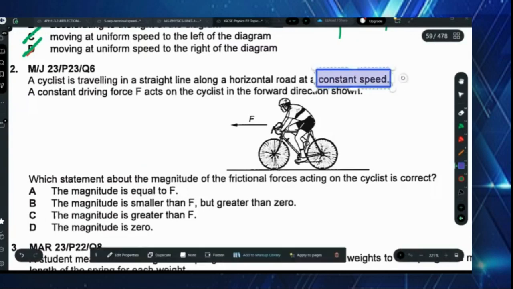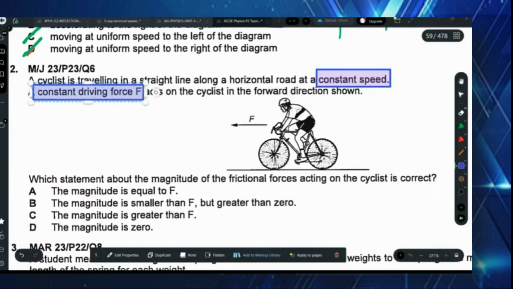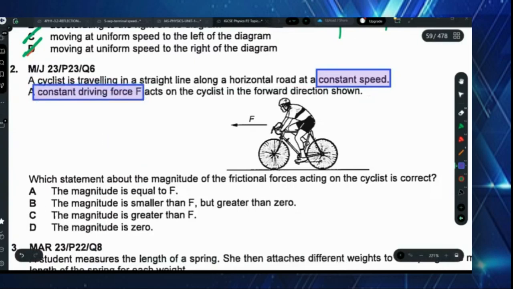Which statement about the magnitude of the frictional force acting on the cyclist is correct? Its magnitude is smaller than F, equal to F, greater than F, or zero.